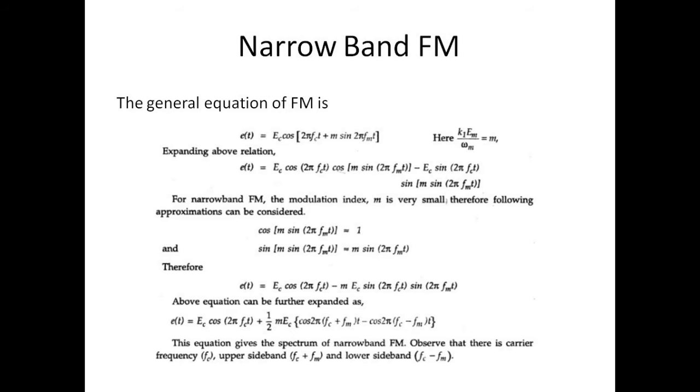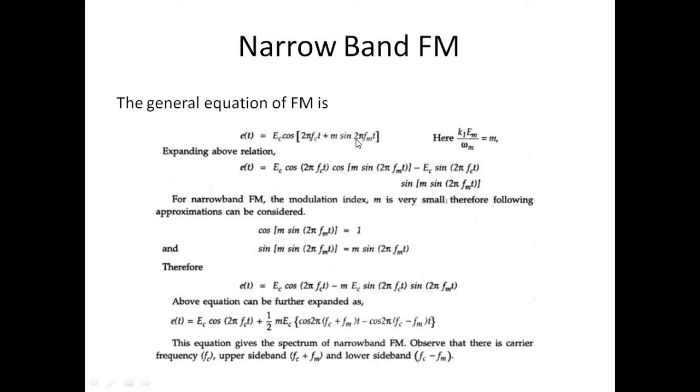So we can derive the mathematical expression for narrowband FM. For this, we take the general equation of FM: e of t equal to Ec into cos 2 pi fct plus m into sin 2 pi fmt. Here m is the modulation index, that is k1 into em divided by omega m. So expand this equation.